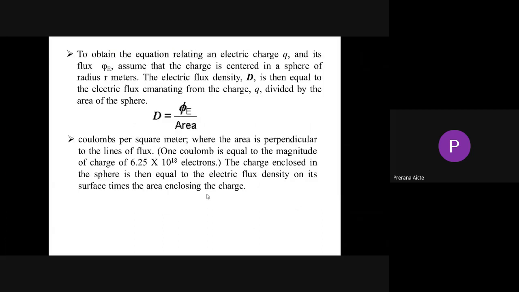Now, the unit of electric flux density is coulombs per square meter, because the charge is in coulombs and the area is in square meters. So the D value is in coulombs per square meter, where the area is perpendicular to the lines of flux.